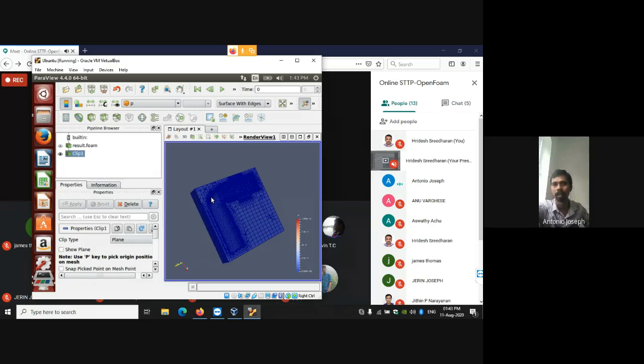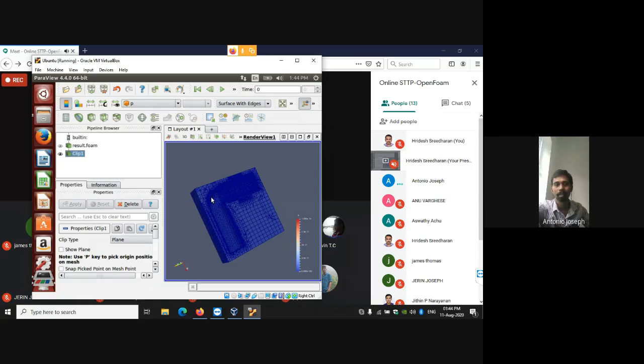Then in the case of flow through a nozzle, with the shock waves and all, when we are dealing with these things, we want to mesh the domains. Then flow over a cylinder, again we want to mesh the domain.